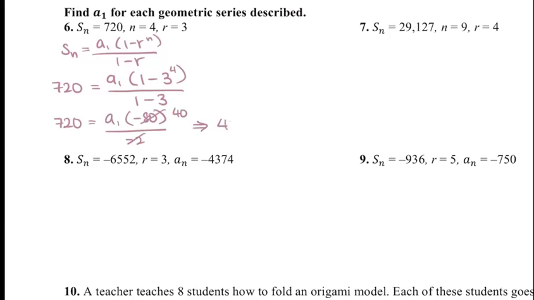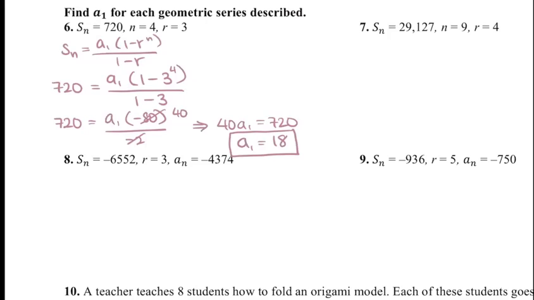So I get 40 a sub 1 is equal to 720, and a sub 1 is equal to 18. All right, and that's it. For the first formula, definitely a lot easier to use for this one. Number 8, this is a situation where you really want to use the second formula.